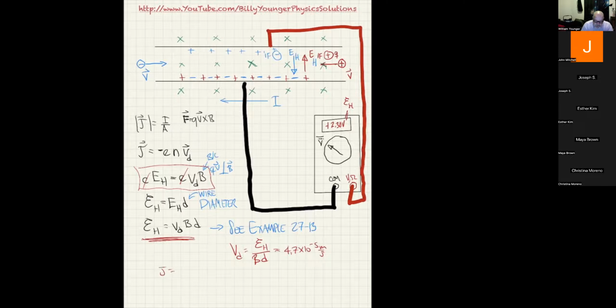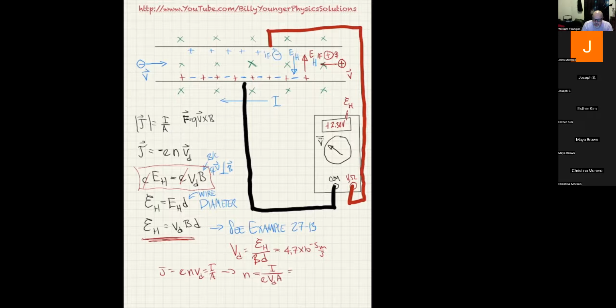And then since the current density is given by J equals, this is magnitude now, e n v_d, which is also equal to I over area, that means that you can say n, the number of charge carriers per unit volume, is actually the current divided by the electron charge in magnitude times the drift velocity we just found times the cross-sectional area.